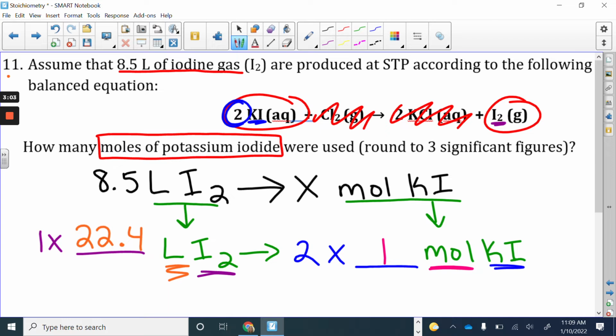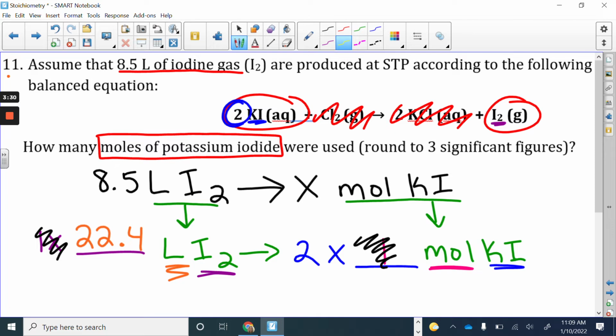Now that the blanks are filled in, we can do some of our calculations. So 1 times 22.4, you just get 22.4, because 1 times anything is just itself. And then 2 times 1, again, is just 2. So we have that.